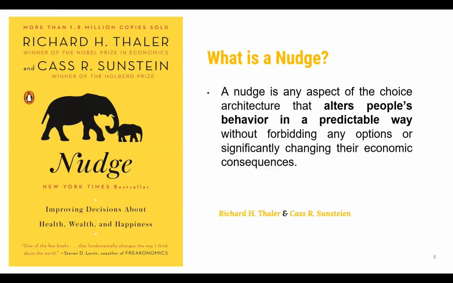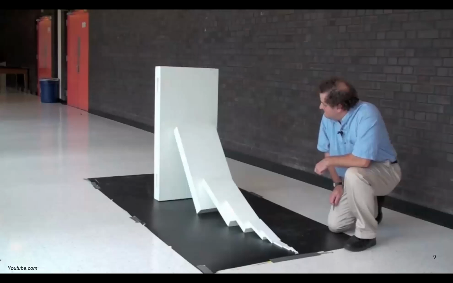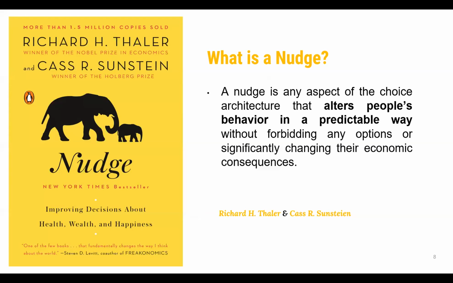So one such way to influence behavior was first introduced by the behavioral economist and Nobel Prize winner Richard Thaler and Harvard Law School professor Cass Sunstein in the theory developed in their book, Nudge.